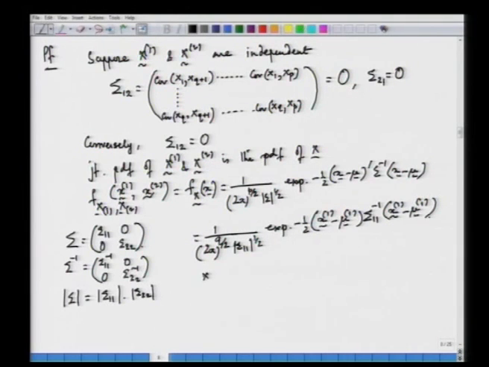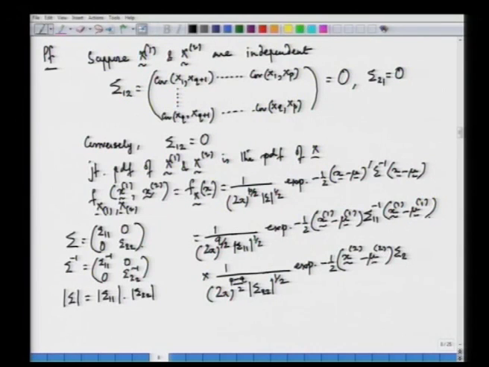The other part is nothing but 2 pi to the power (p minus q) by 2, determinant of sigma 22 to the power minus half, and the residual part from the original quadratic form comes here, which comprises the x2 vector.